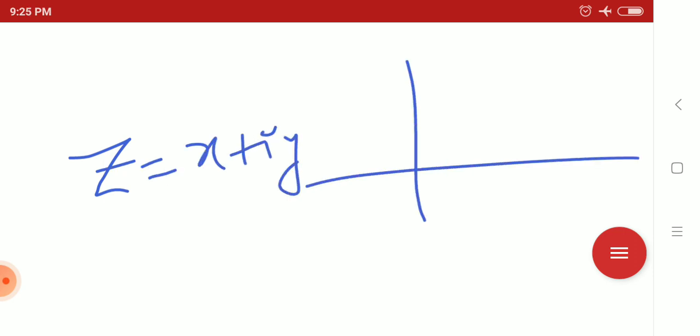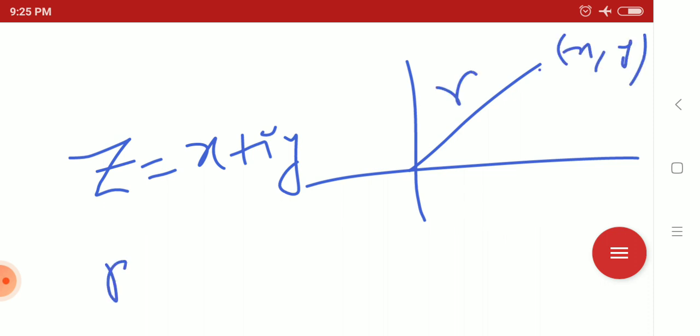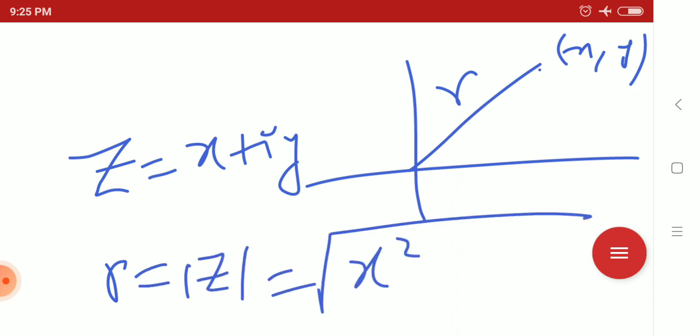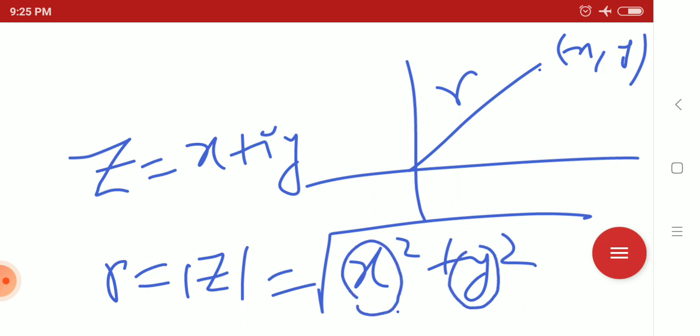Here you are drawing that complex plane. Here it is r, here it is x, here it is y. So r can be written as the modulus of this complex number: r equals mod z equals root over x square plus y square. It is very, very important. Real part square plus imaginary part square. So that is the modulus of the complex number.